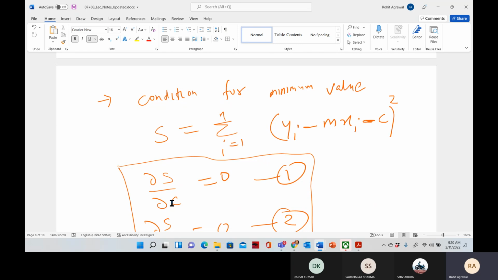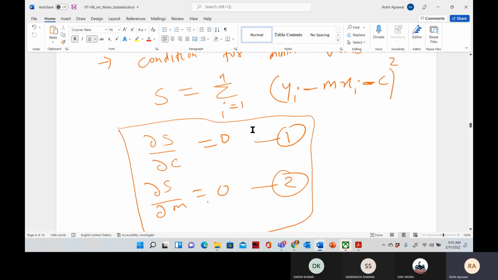Okay, so how will we find m and c? We will minimize the difference between the actual value and the predicted value. So we will minimize the sum of square of error, and error is the difference between the actual and the predicted value. This one is the actual value and this is the predicted value, the square of them, then the summation of them.